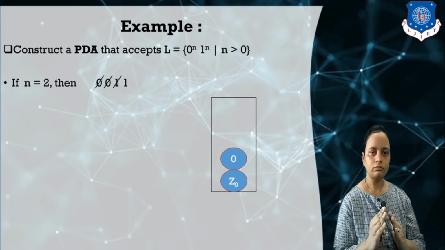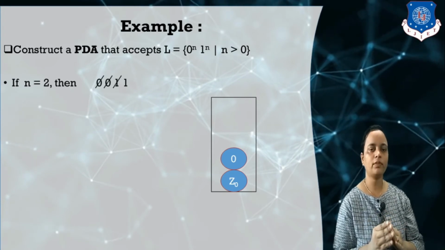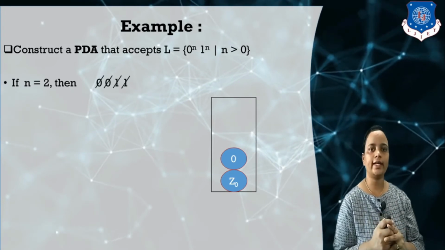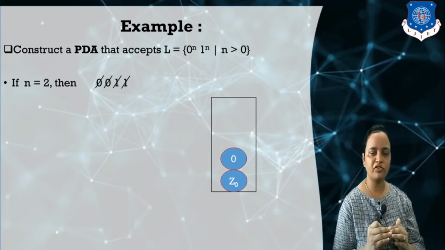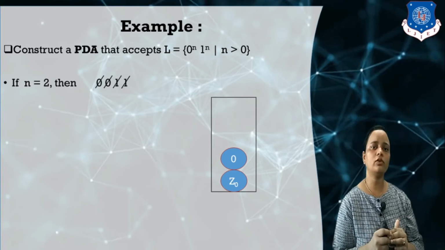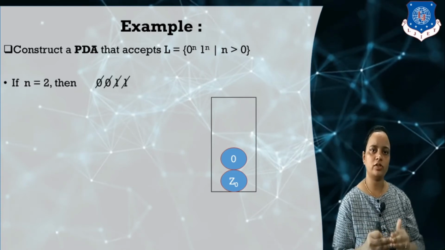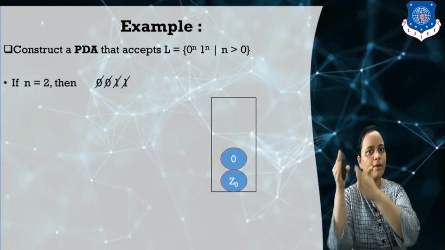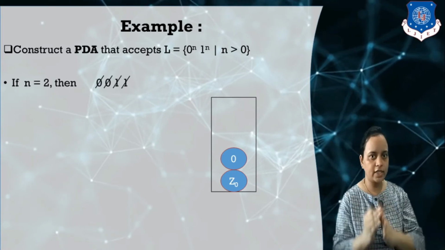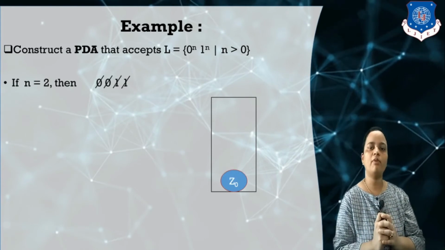Now again I read the next 1 in the input string. We perform a pop operation. So whenever I read input 1, I perform a pop operation on the stack.